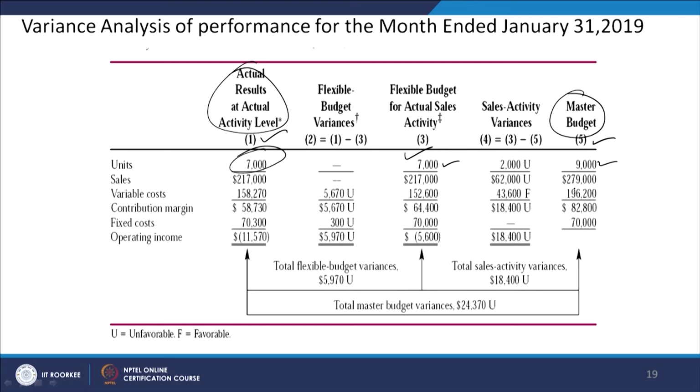Now, we have to see that the contribution margin is negative now, because the variable cost is favorable and the sales level has come down.